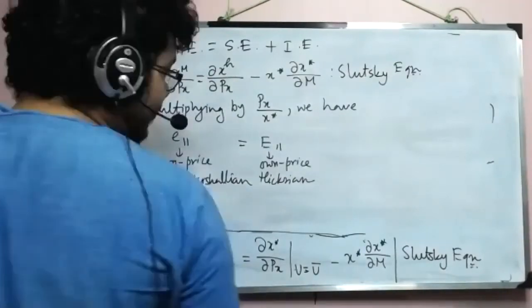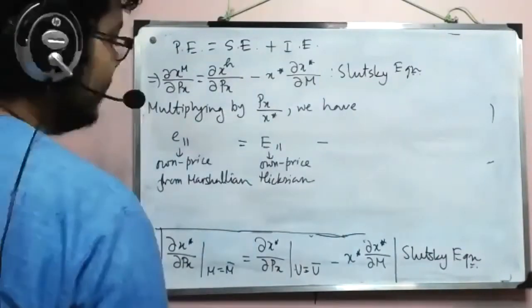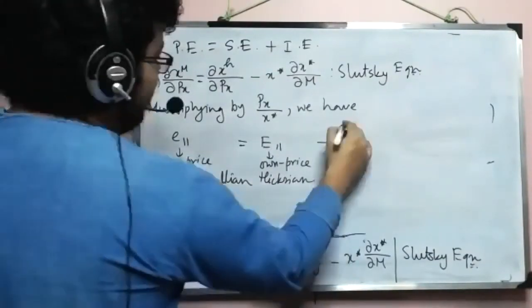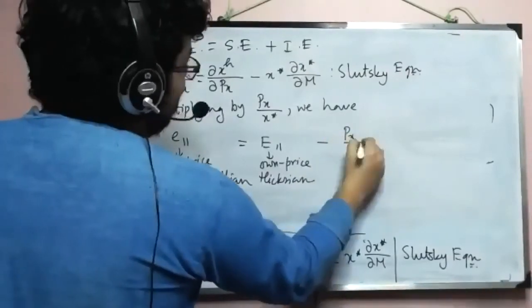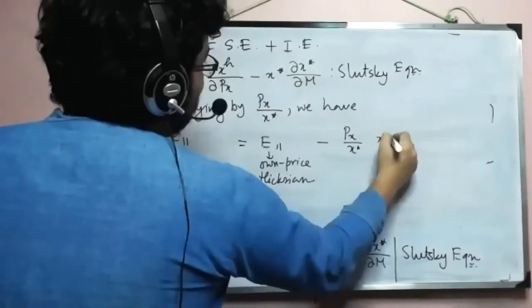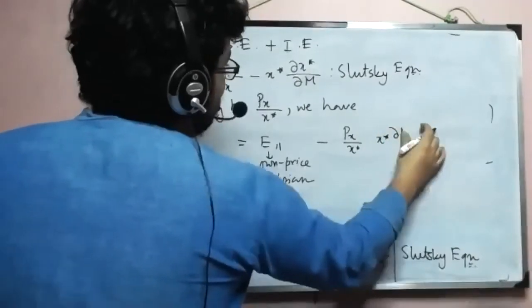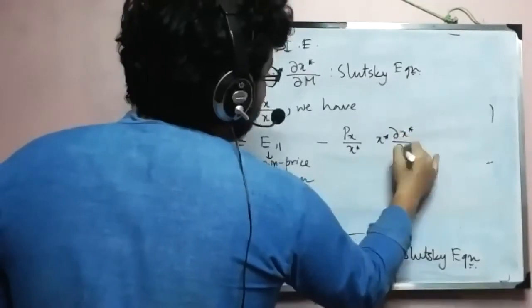And then if I multiply it here, then things will be a little bit different. For example, we have x star here, right? So if I write px by x star, then you may think that I will just cancel out these two x star. So I'll not do that. So let's keep it here.